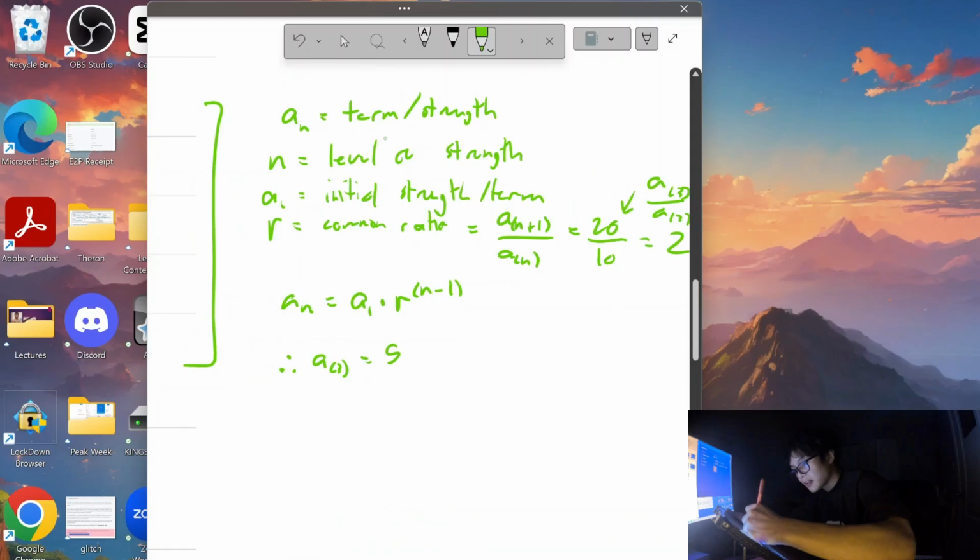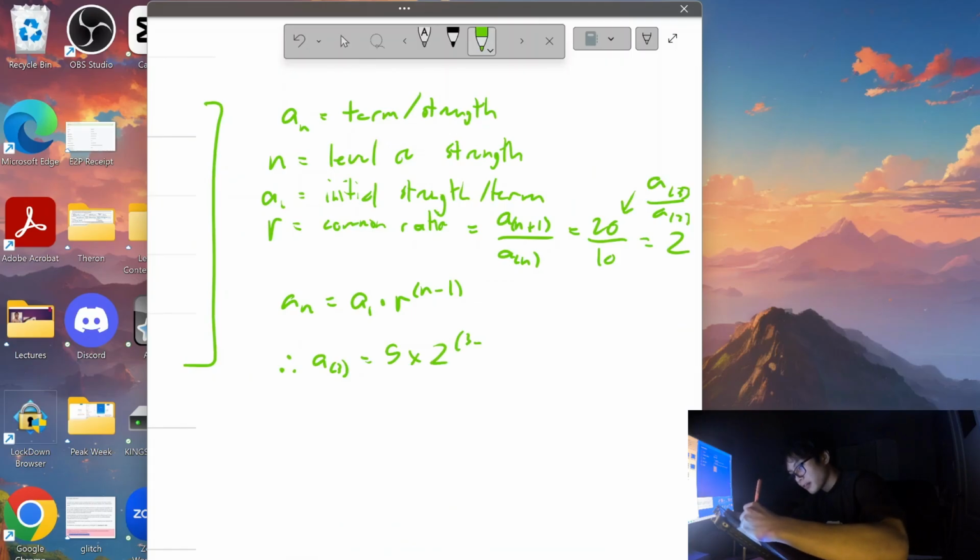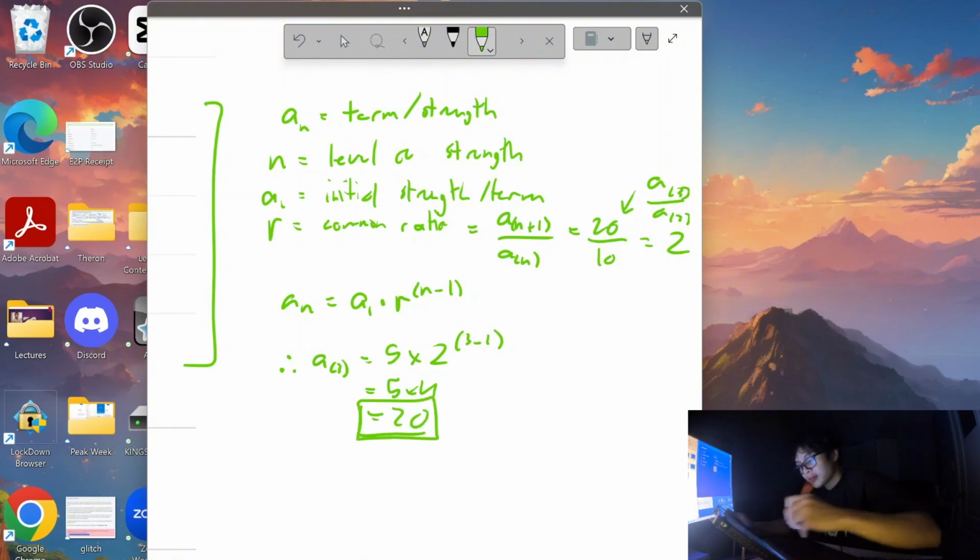So it equals 5 times 2 to the power of 3 minus 1, which equals 5 times 4, which equals 20. There you go. Right.